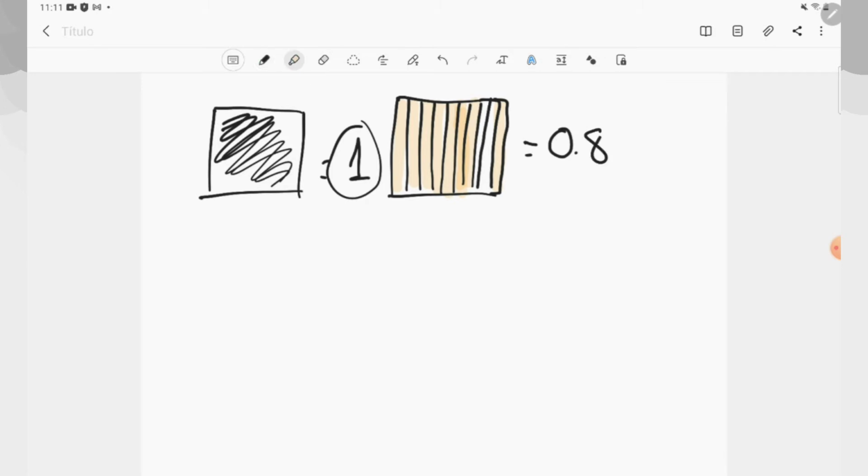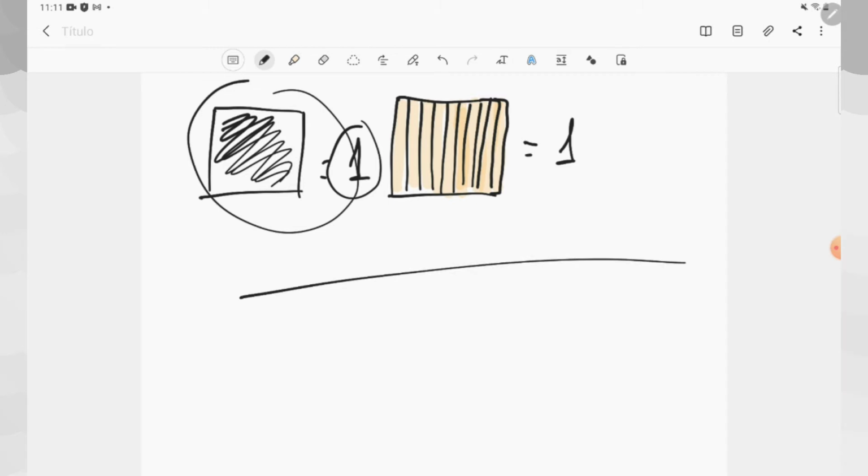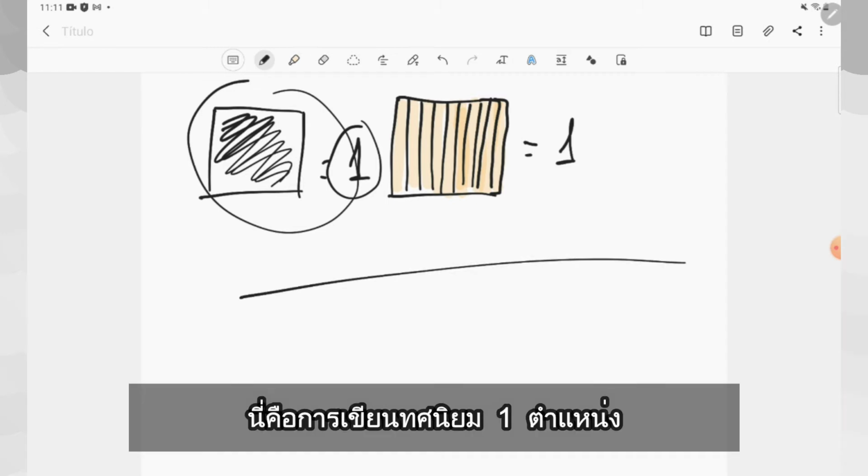And what happens if it's one more? 9, 0.9. And what happens if it's fully colored? As you know, it would be 1. So this is 1 decimal digit.